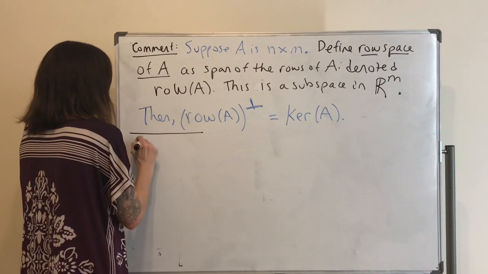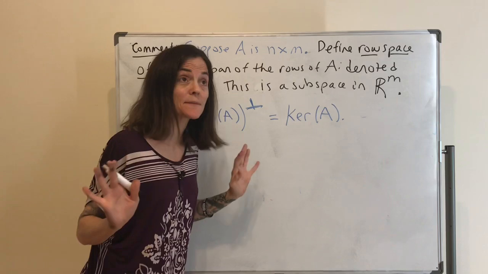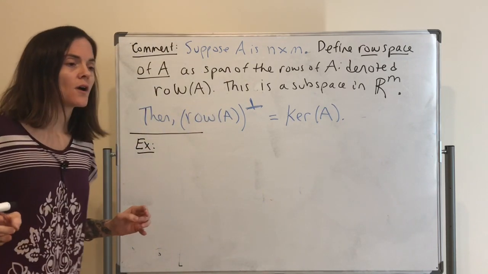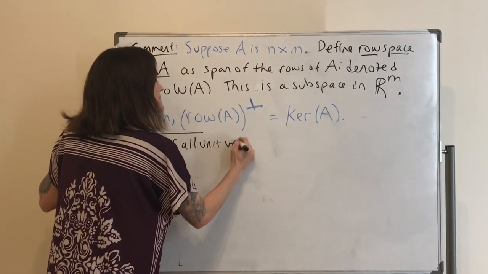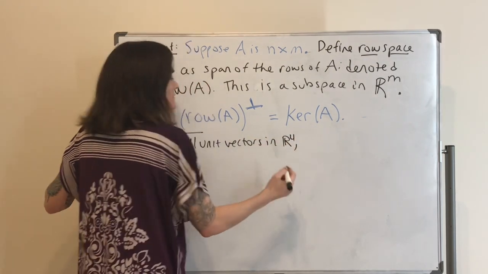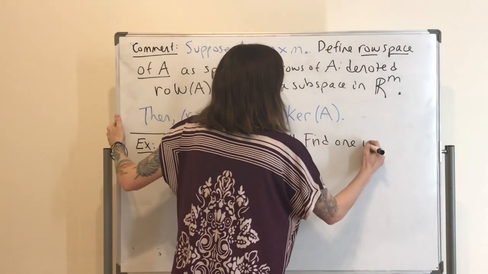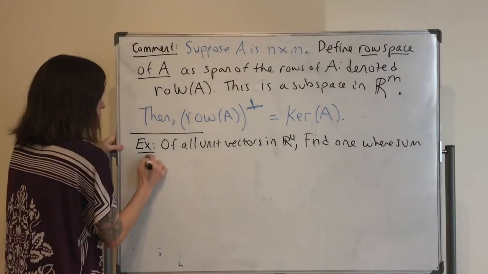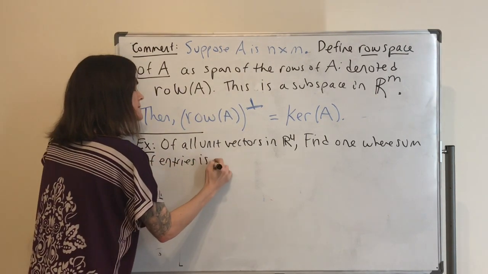One more example that, like I said, seems different than the ones we have done today, but it's similar to one in your homework. Of all unit vectors in R4, find one where the sum of the entries is maximal.